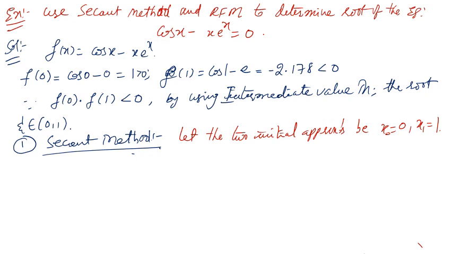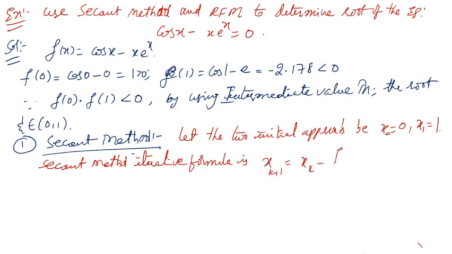The secant method iterative formula is x(k+1) equal to xk minus (xk minus x(k-1)) by (fk minus f(k-1)) multiplied by fk.